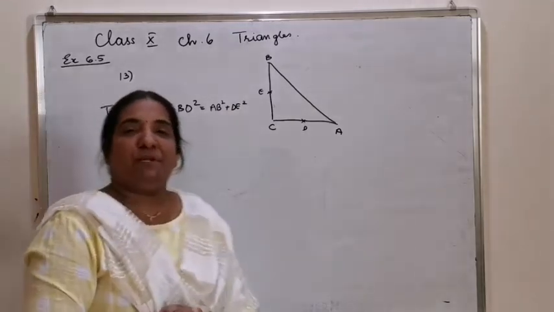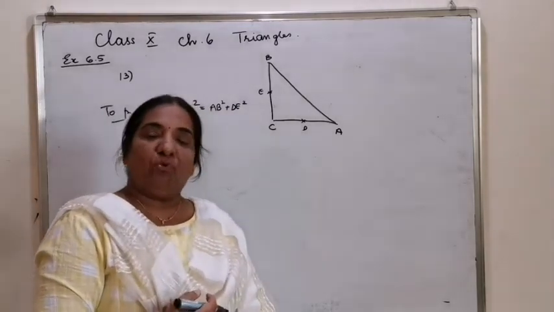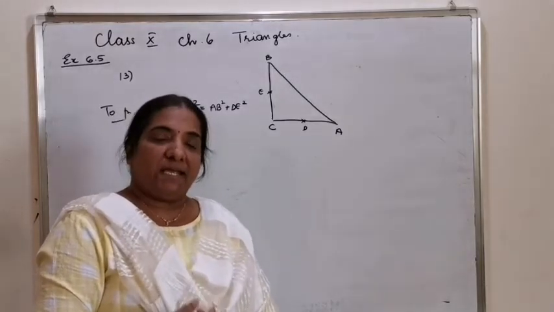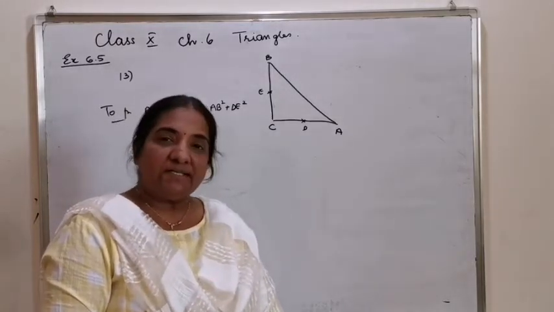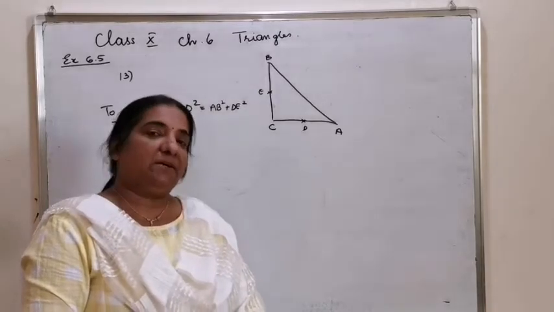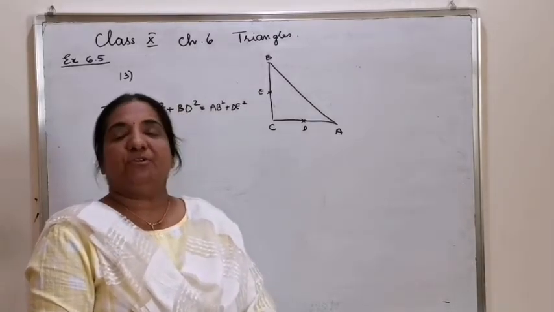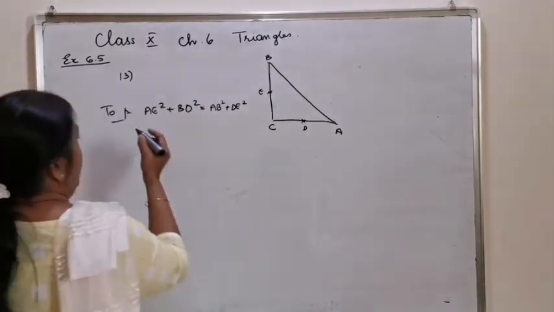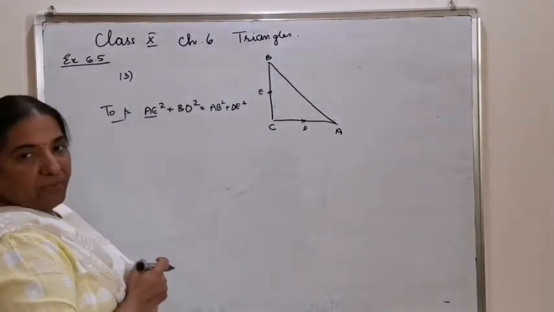In such problems, when it is given to prove a left hand side equal to right hand side, take the terms from any one side, apply Pythagoras theorem in the concerned triangle, and you will get the result directly. I will show you. AE square is required.